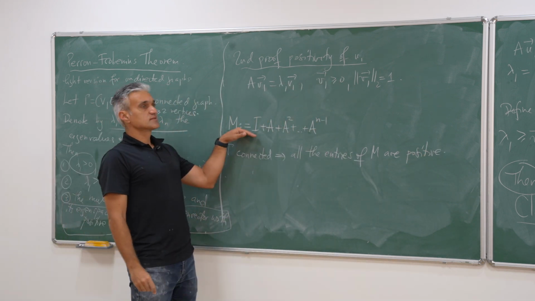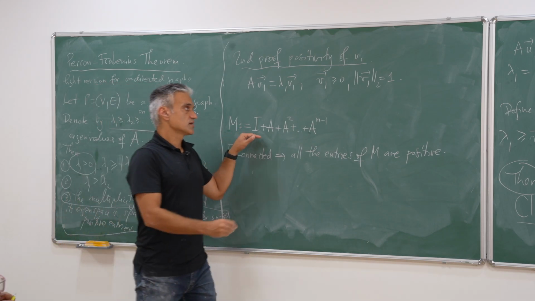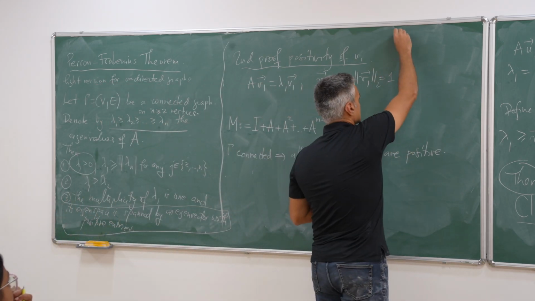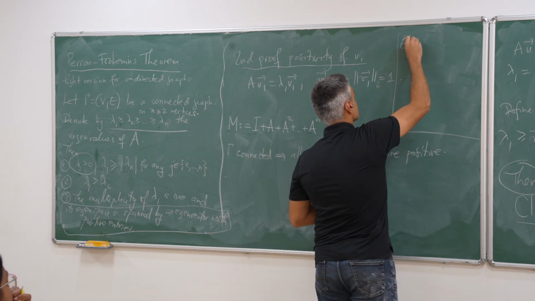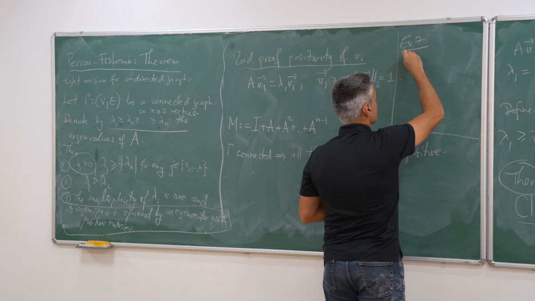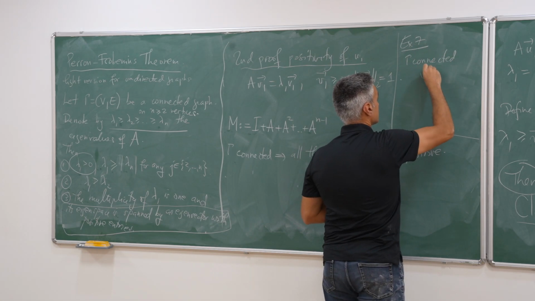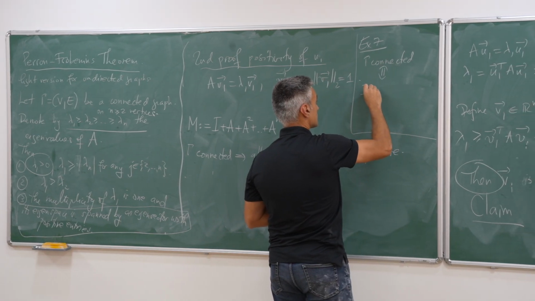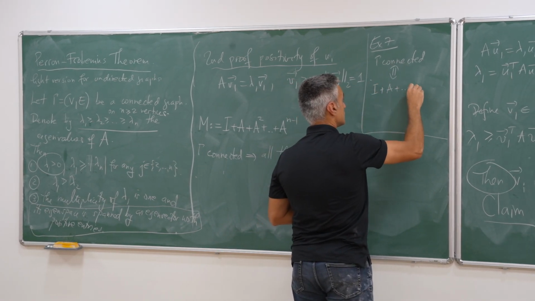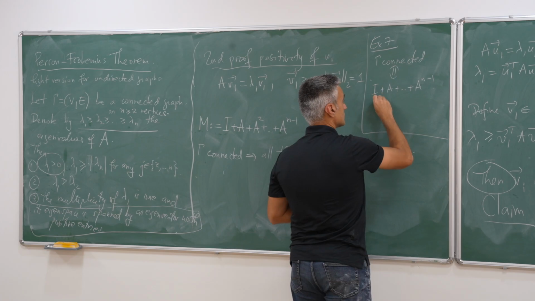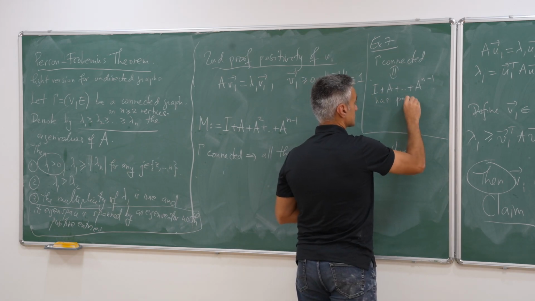Okay? Now, this is not the only choice, and again, here's exercise 7. Gamma is connected if and only if this matrix I plus A has positive entries.